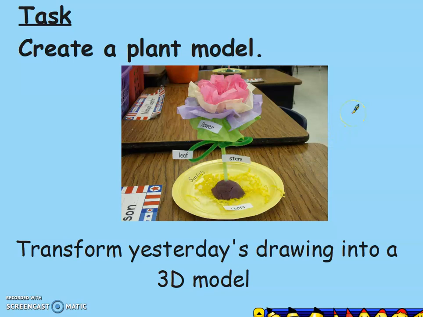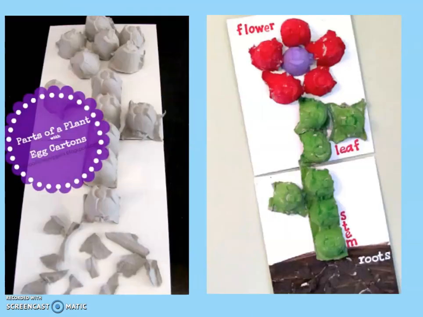Today's main task is to transform your drawing from yesterday into a 3D model. This could be using things around your house. You could use some paper to try and make it pop out of the page. I'm going to give you a couple of ideas now. The first one, someone has used an egg carton.